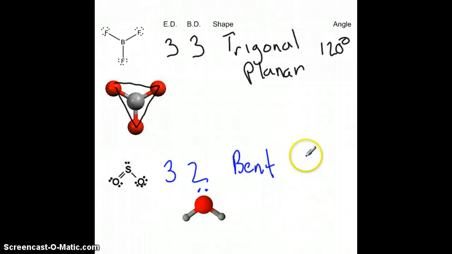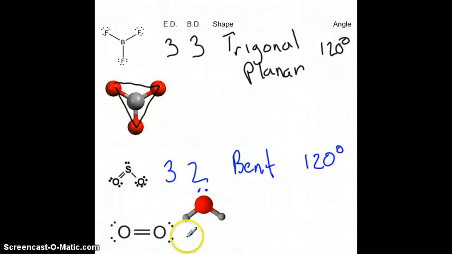The bond angle for this molecule is 120 degrees as opposed to 104.5 or 107 or 109.5. So we're going to keep the bond angle the same. And the last one in this series would be something like oxygen, where you have 3 and 1. And again, that's linear. That's pretty straightforward.